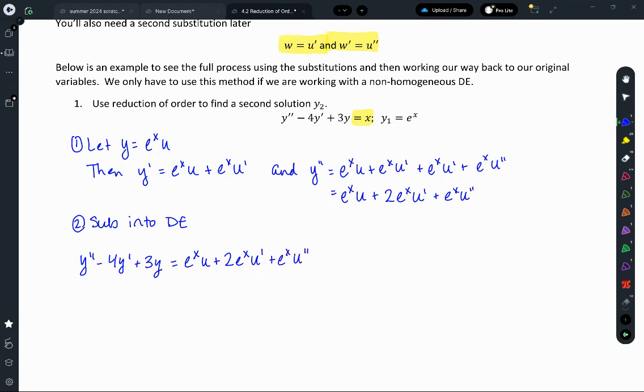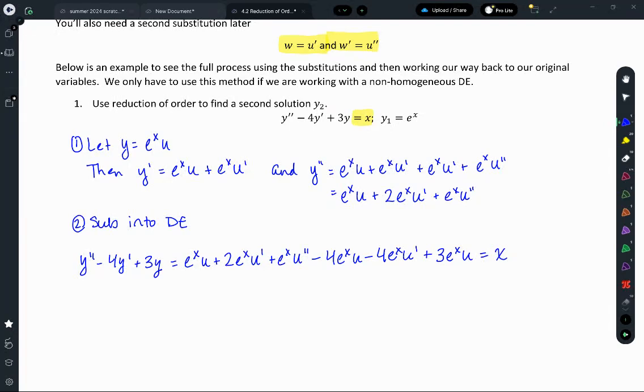That's for the y double prime. Minus 4y prime, that's going to give us minus 4e to the x u minus 4e to the x u prime. And then plus 3y will give us plus 3e to the x u. And then this is all equal to x.